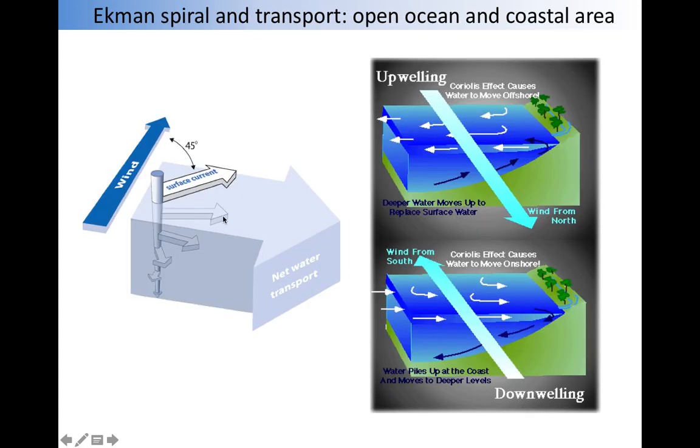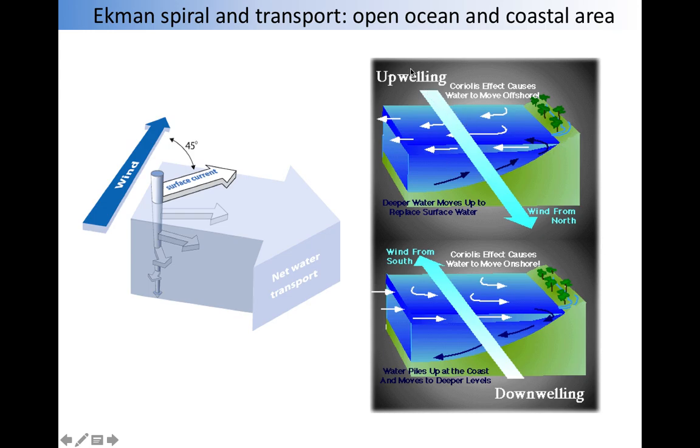So if I re-summarize: the Ekman spiral has surface wind applied to the water, generating transport over the depth of Ekman influence, and the surface current is 45 degrees from the wind direction in the northern hemisphere. One thing you may apply this to is upwelling and downwelling in the coastal area.